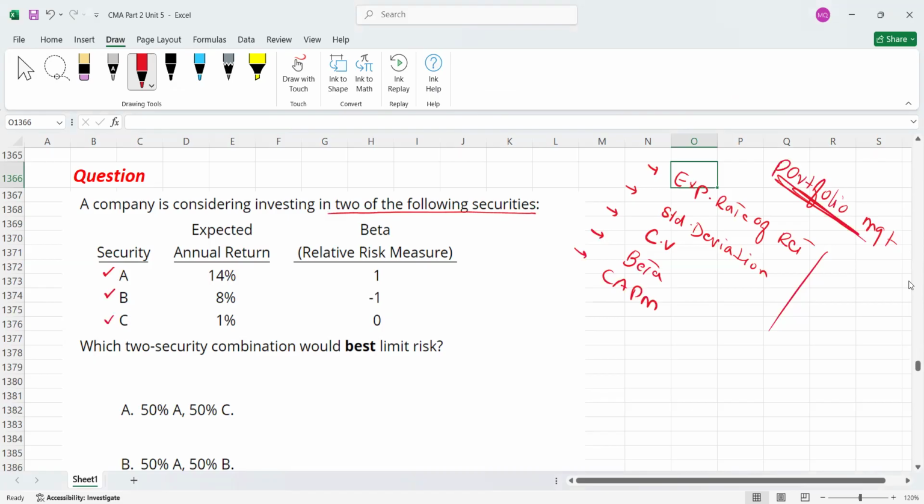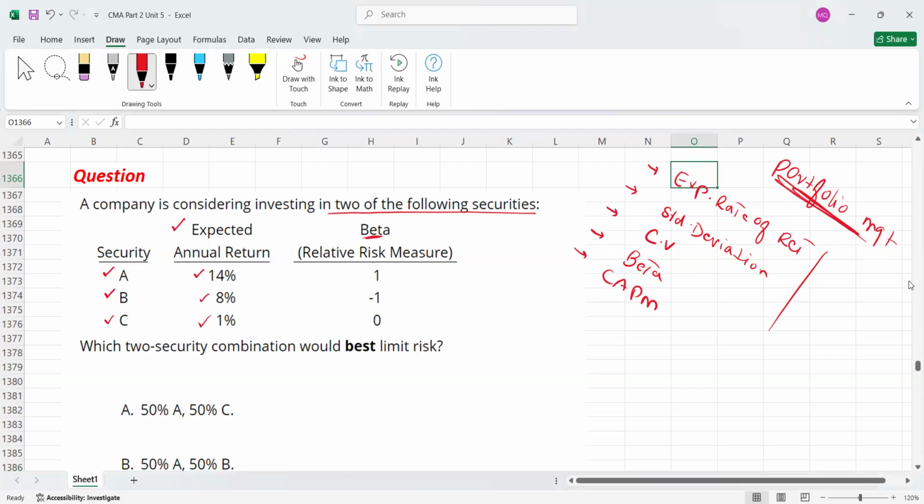So we have these three securities and the expected annual return. In the last class, we discussed how to calculate expected annual return, but it is given here. Security A is offering 14% return, security B is offering 8% return, and security C is offering only 1% annual return. This is the beta given relevant to each security.